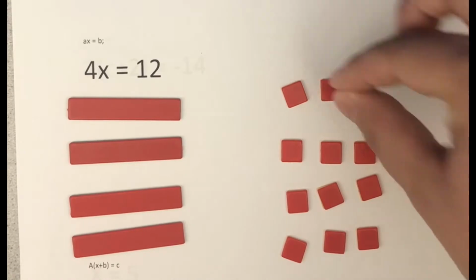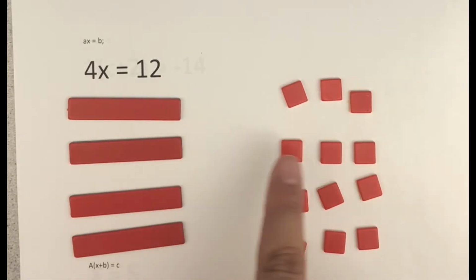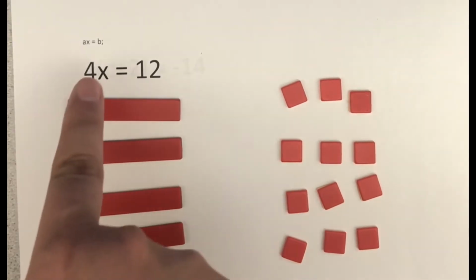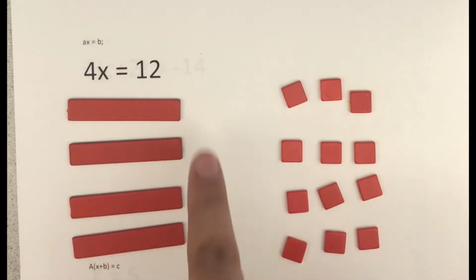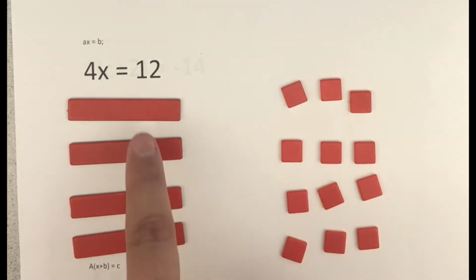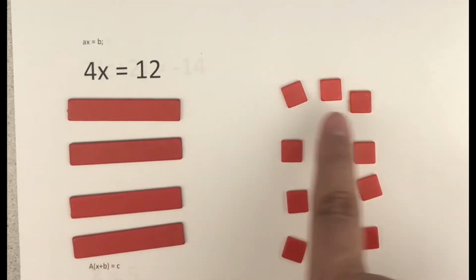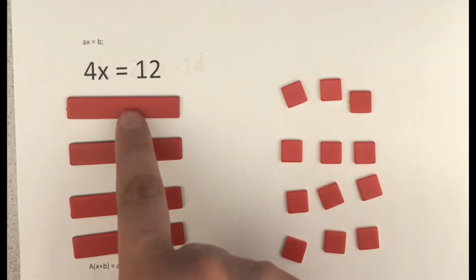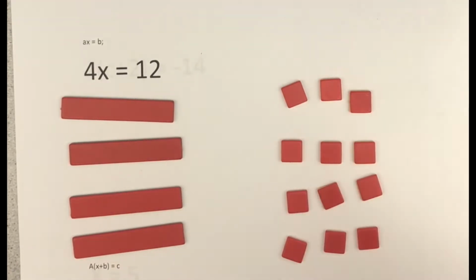So you can see here, this goes with this goes with this, here and here, here and here. We break this side up into 4, so we have to break this side up into 4. Through this, you can easily see that 1x = 3, 4x = 12, but 1x = 3.